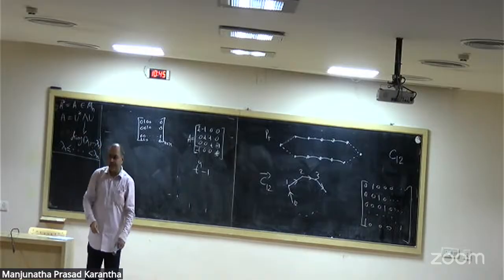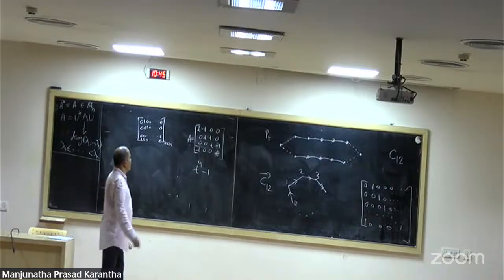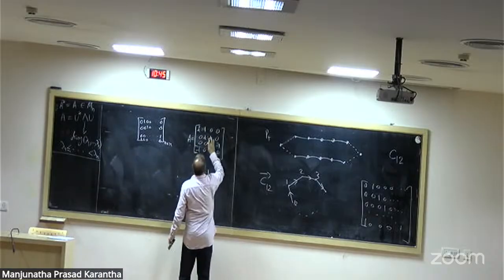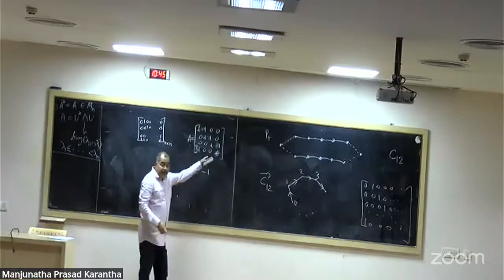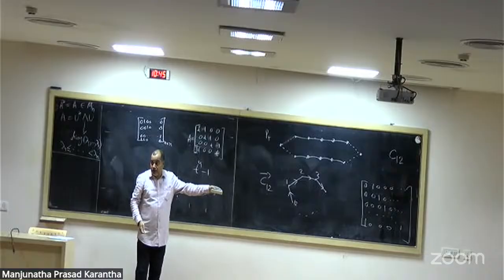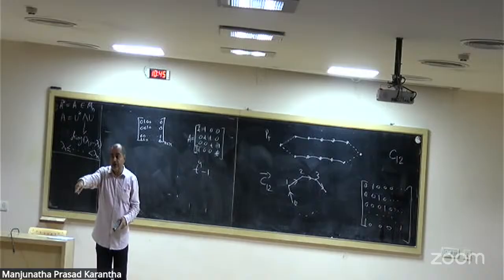So if it is 1, 1, 1, 1, then you rectify. For example, if I put 1, 1, 1, 1, then you will get t power 4 minus 1, because the odd cycle will give you minus.